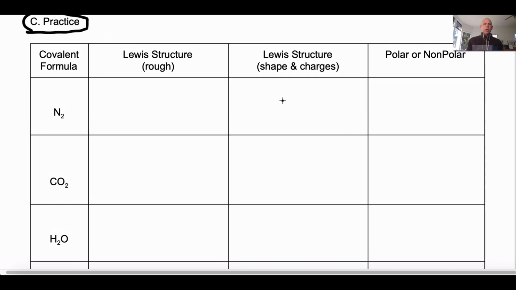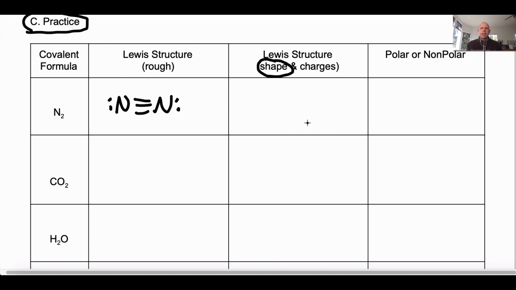We're just going to go through each one and do the Lewis structure. I'm going to assume that you can do the Lewis structure and get the shape. When they say shape, this means not just identifying the shape, but drawing it in the correct shape.